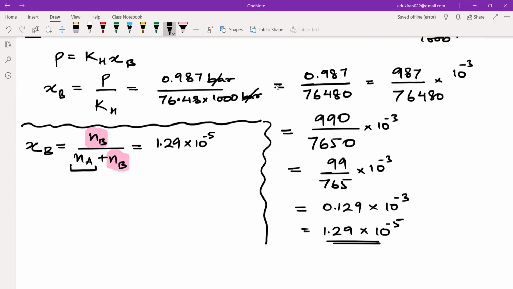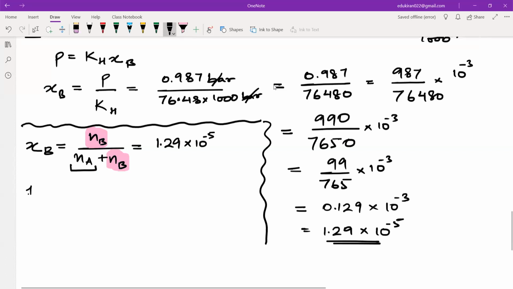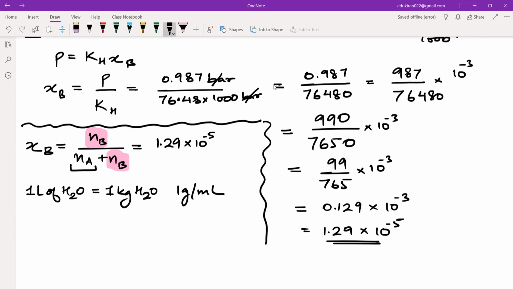We have seen how much water is present. Gas is dissolved in 1 liter of water. So 1 liter of H2O is equal to 1 kg of H2O. Please remember this. This is the density, 1 gram per ml, right? So 1 kg of H2O means 1000 gram of H2O.